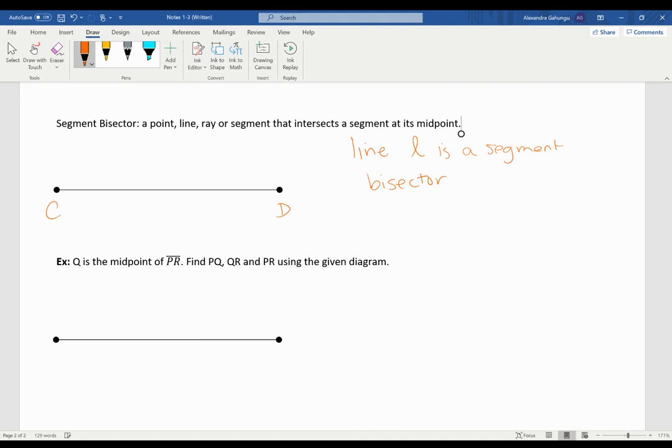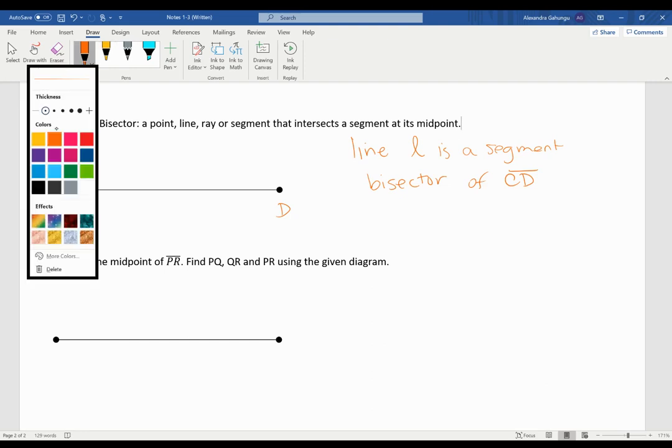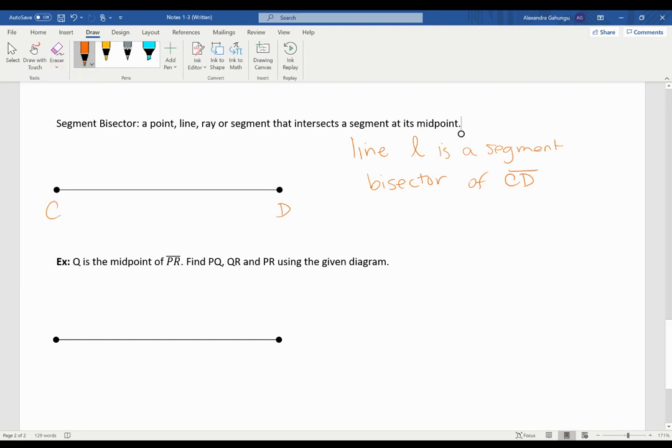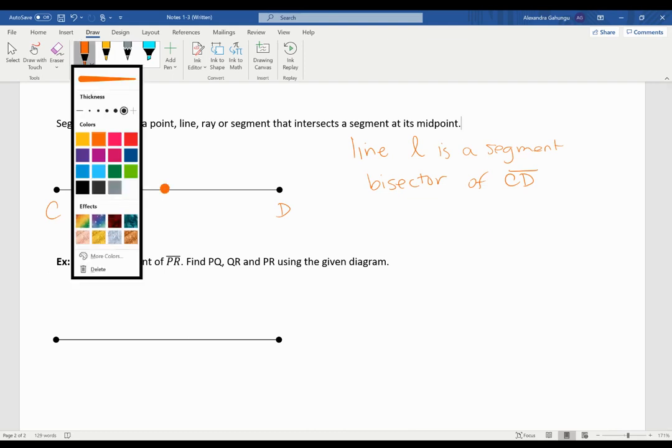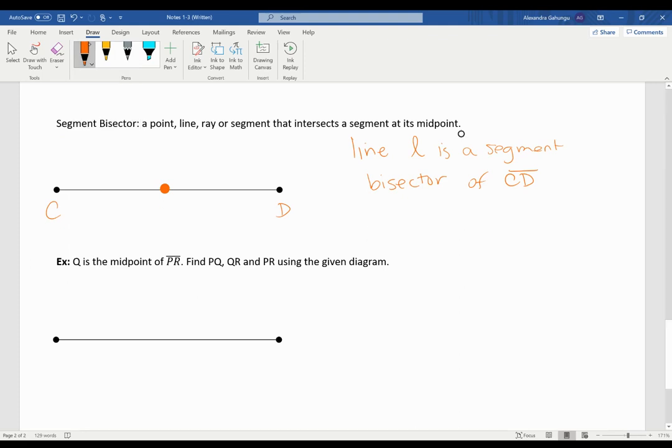So if line L is a segment bisector of our segment CD, then that means that line L will have to go through, and I'm attempting to say that that's the midpoint right there. Line L will have to go through the midpoint of CD.